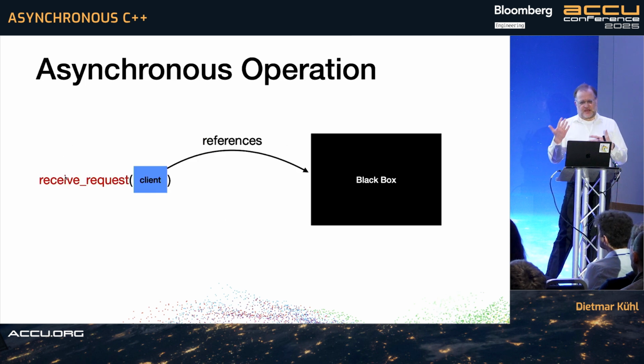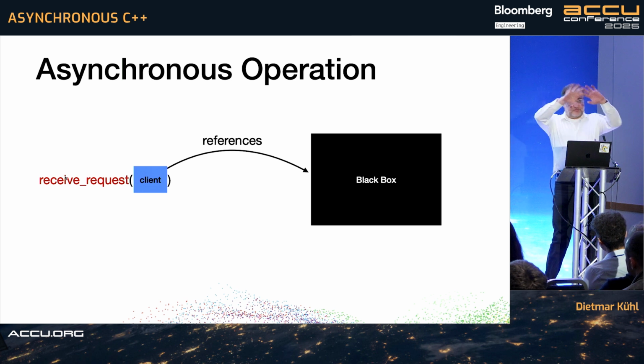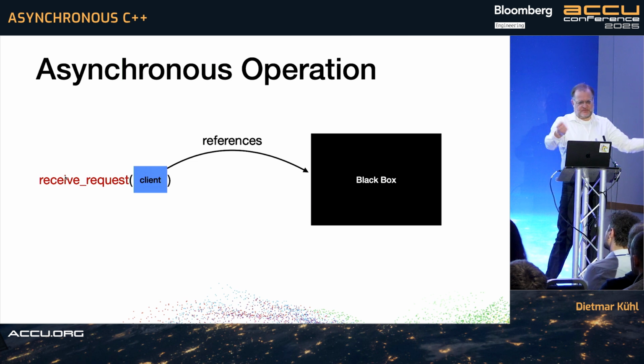So the way I visualize that for now is something like this: receiving a request is basically, once we started it, we tell some kind of magic black box that I want to get the request from the client. Before we started, the client references a black box, which will help us to get it.